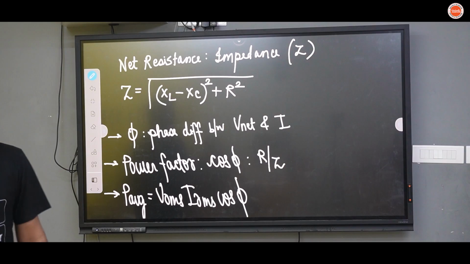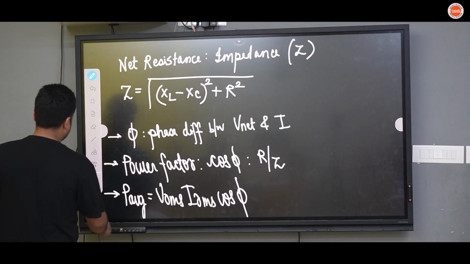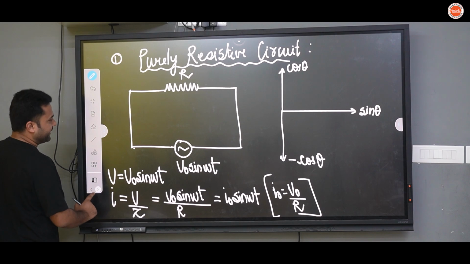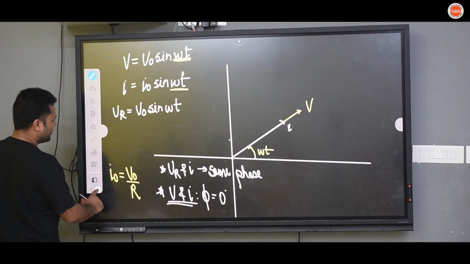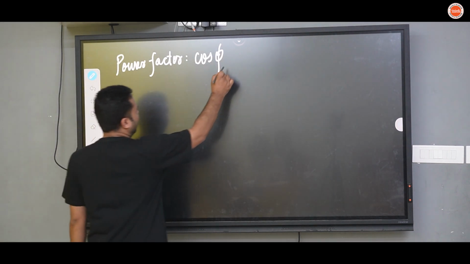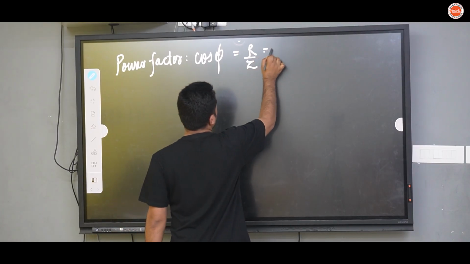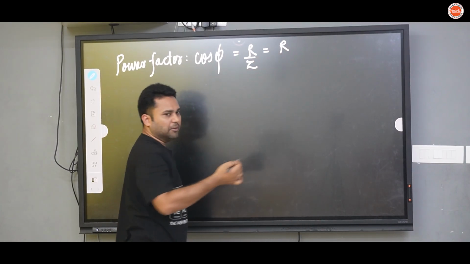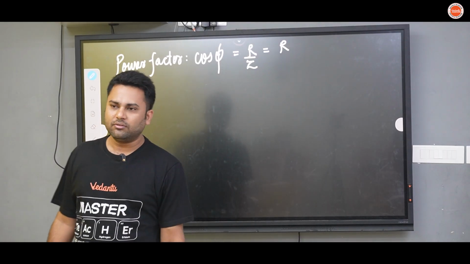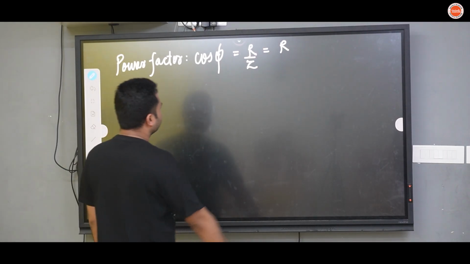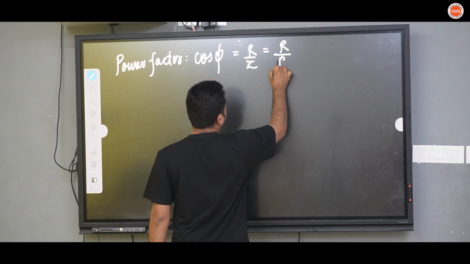You write here: power factor is R divided by Z. In a purely resistive circuit, Z is equal to R. So R by R comes to 1.